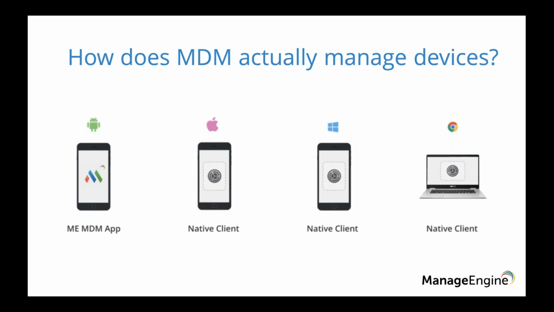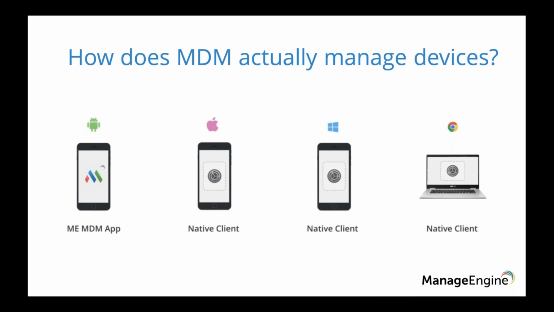So the MDM does not require any applications to manage your iOS, Windows, or Chromebooks. We would directly go into the native client provided by the manufacturers, and then we would manage your mobile devices. So that would complete the overview of the Mobile Device Manager Plus product.